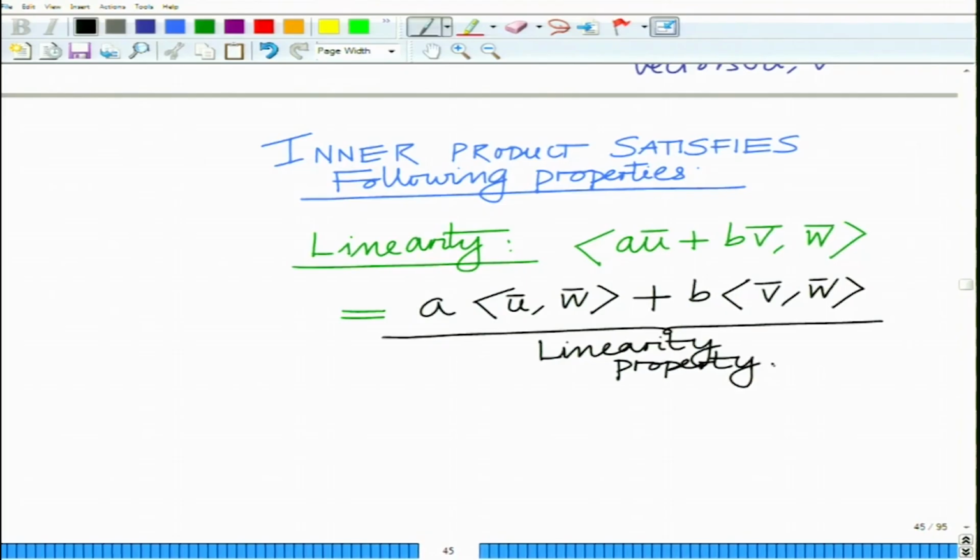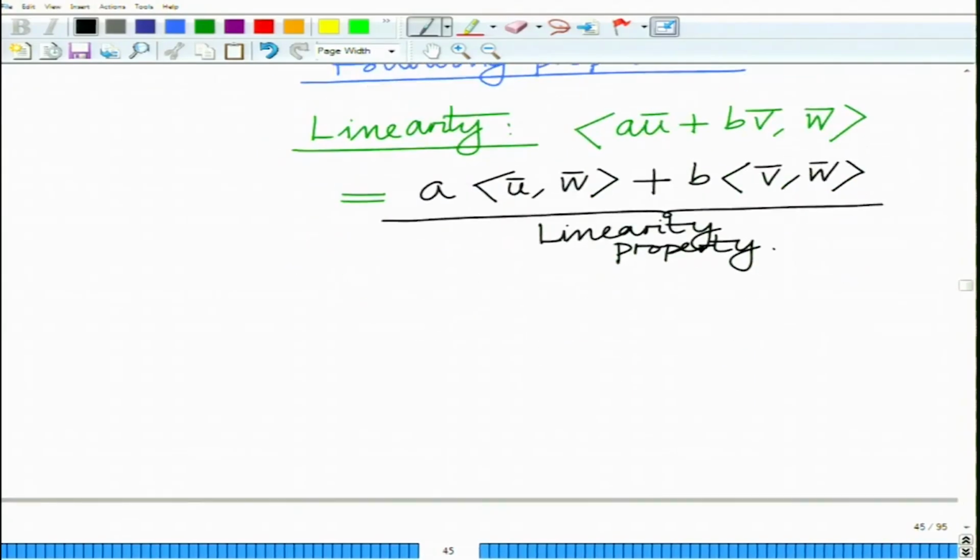That is, the inner product of the linear combination A u bar plus B v bar with the vector w bar is the linear combination of the inner products, A times the inner product of u bar with w bar plus B times the inner product of v bar comma w bar. Okay. This is the first property.